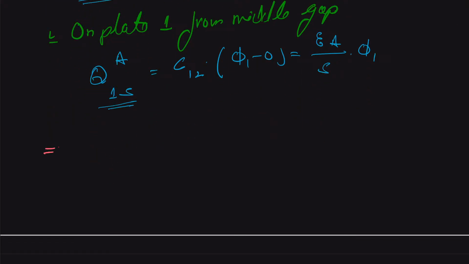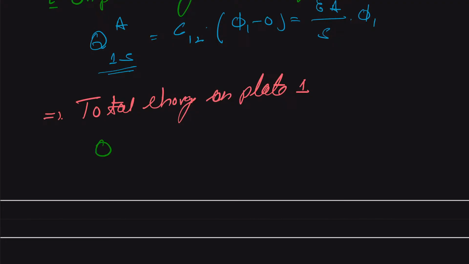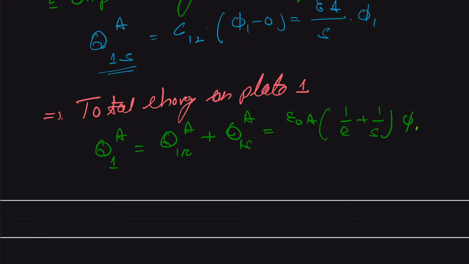Therefore, we can write from here the total charge on plate 1, and once again we can write this as charge on plate 1 because of part A. This will be equal to our Q1 RA plus Q1 SA, which gives us, taking phi 1 as common, and this variable also common, epsilon naught A times 1 upon R plus 1 upon S, times phi 1.